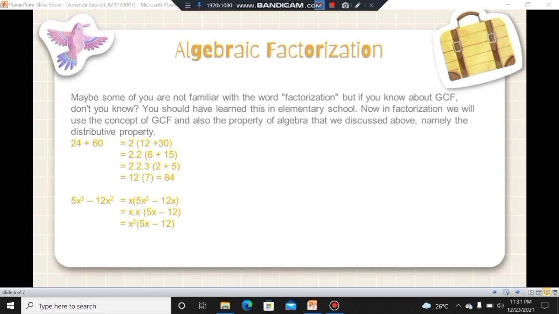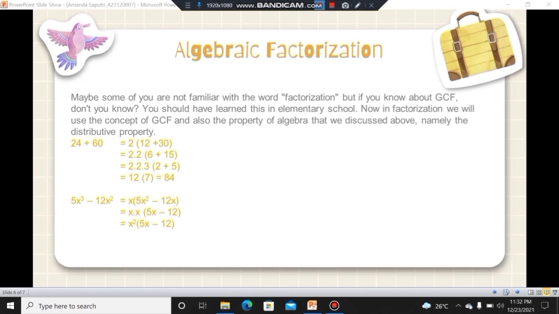5x to the power of 3 minus 12x squared. From the above expression, we factor out x in brackets 5x squared minus 12x, then x can still be factored, into x multiplied by x in brackets 5x minus 12.